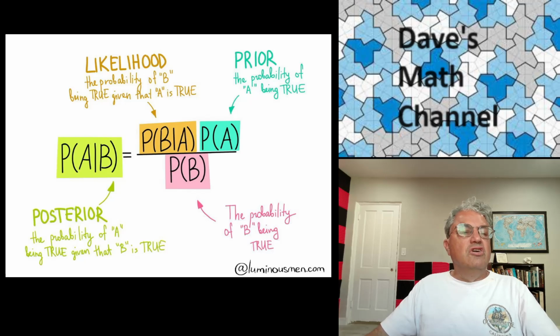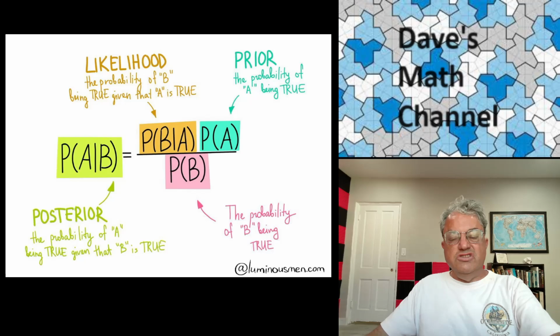What you do know is this other conditional probability where you just reverse the events A and B. So you know P of B given A. You also know the overall probability of event A, and you know the overall probability of event B. Well, this gives you a formula for calculating the probability of A given B given all this other information. And it's very easy to derive this formula.